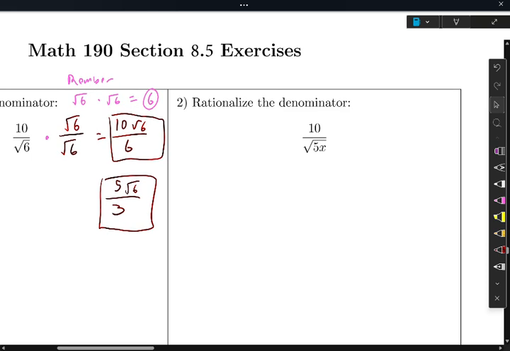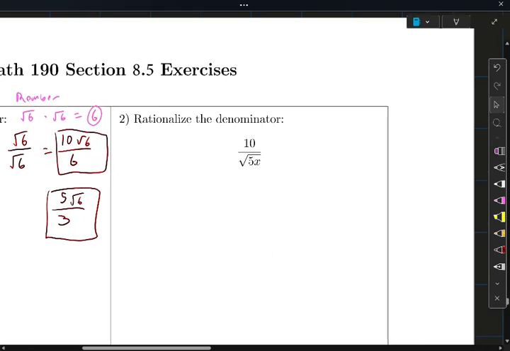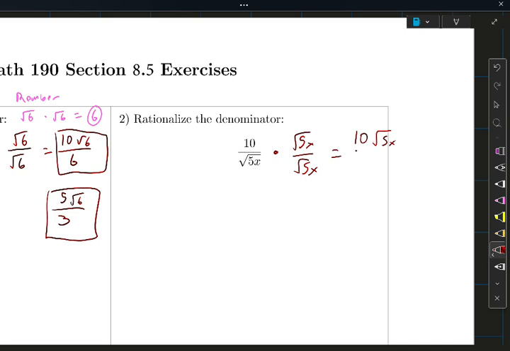Now, don't get intimidated just because you have an x, a variable. That doesn't matter. Still, root 5x over root 5x. So what's that going to be? 10 times root 5x, and root 5x times root 5x is just going to be good old-fashioned 5x. Then don't forget we still have to reduce.